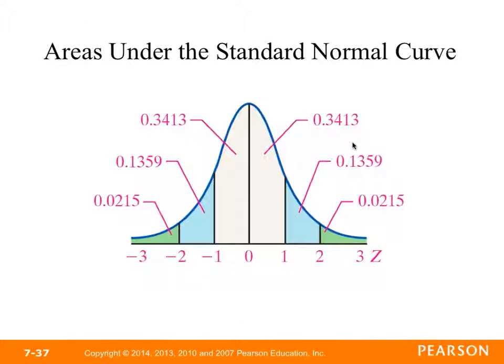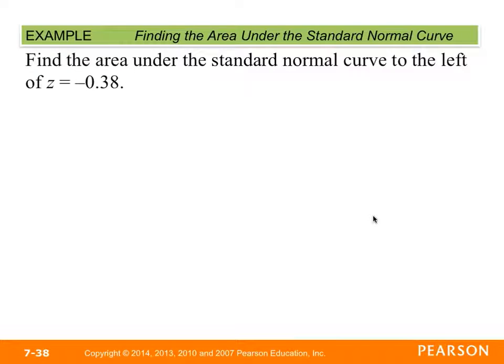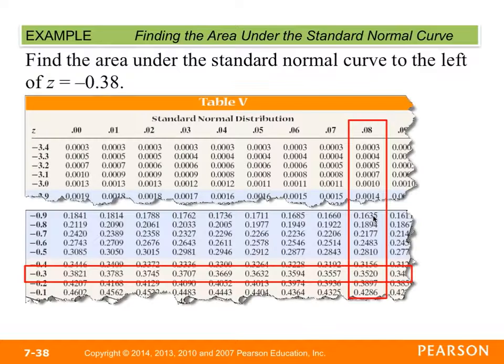Okay, so if we look at the areas under the standard normal curve, I'm not going to go through this again because these are the same as the 68, 95, 99.7 rule. These are the same probabilities or proportions given here. So let's say that we want to find the area under the normal curve to the left of z equals negative 0.38.